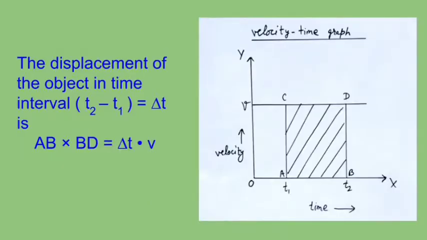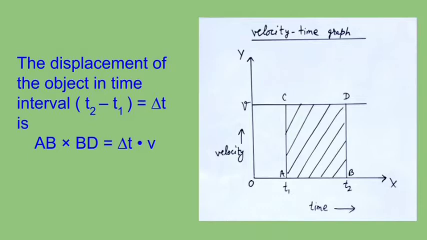First, consider the velocity time graph for uniform motion. In the graph, you can see the time is plotted on the x-axis and velocity on the y-axis. Here, the velocity v is uniform or constant.